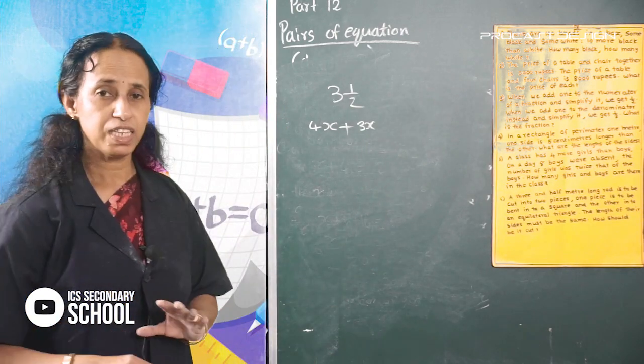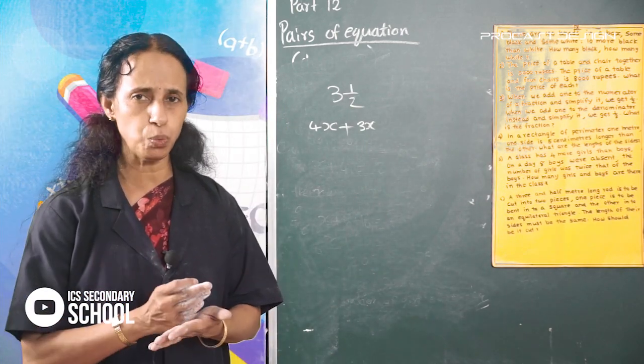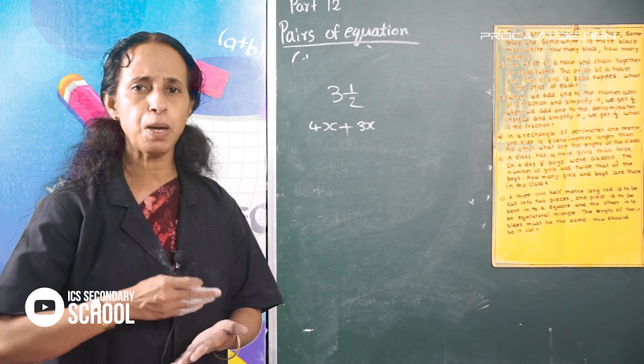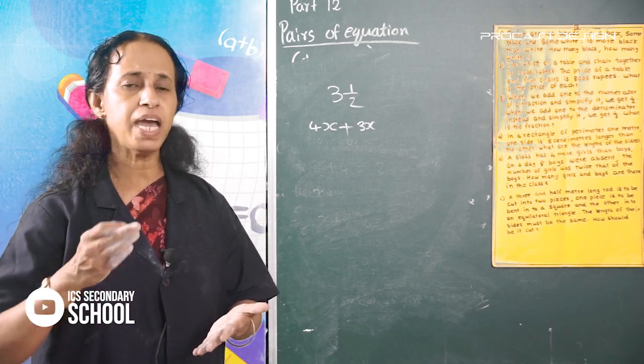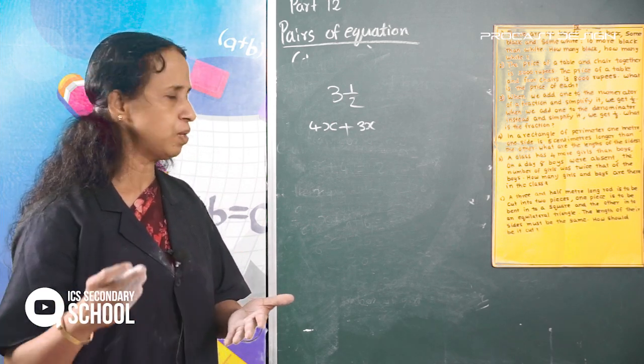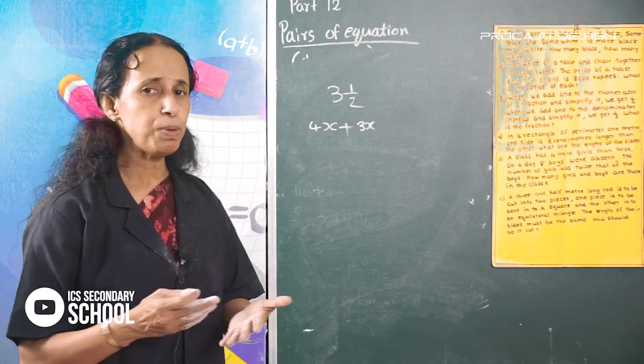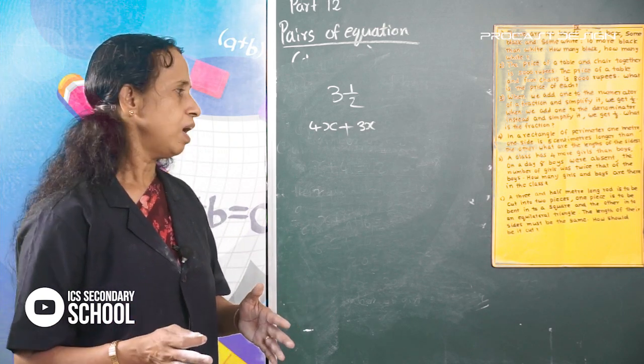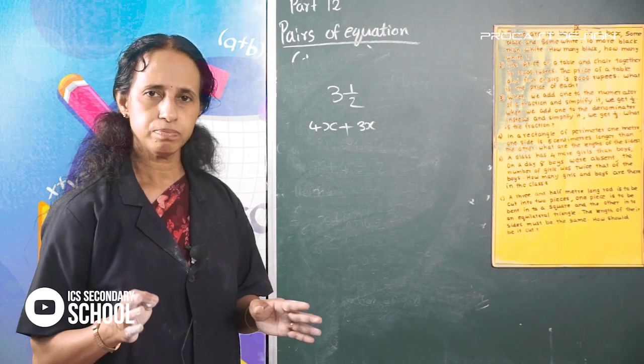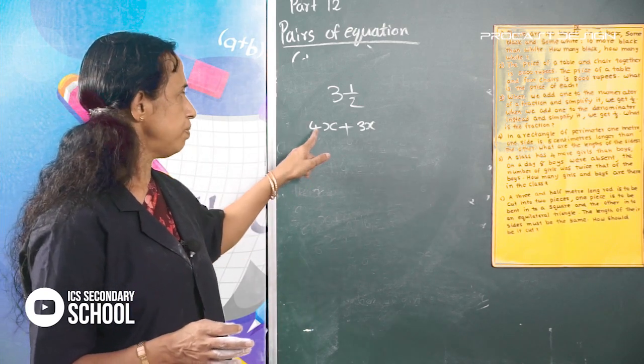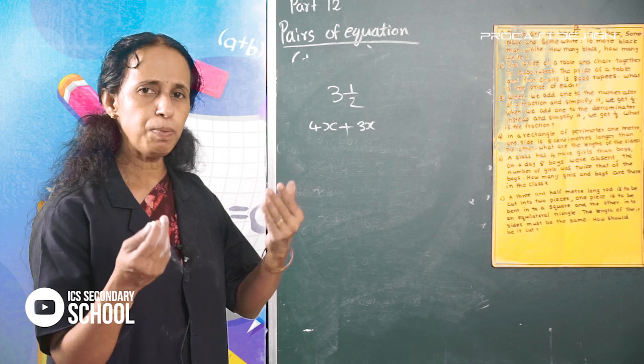In this question, the 3.5 meter long rod is cut into two pieces, one bent into a square and the other into an equilateral triangle. The length of the side is the same. How should it be cut? That is the question.